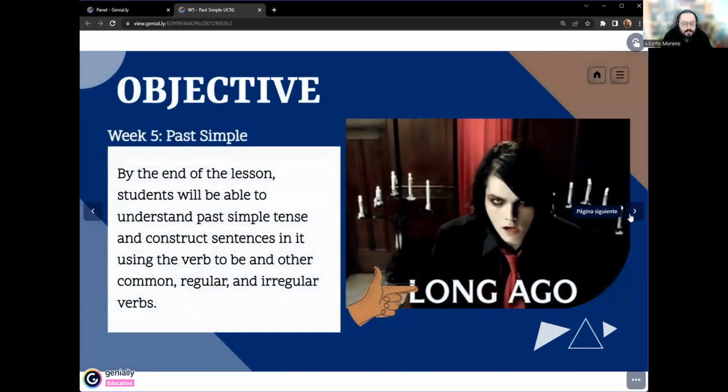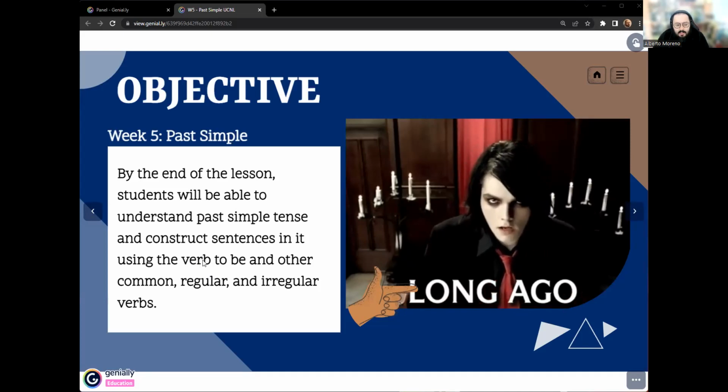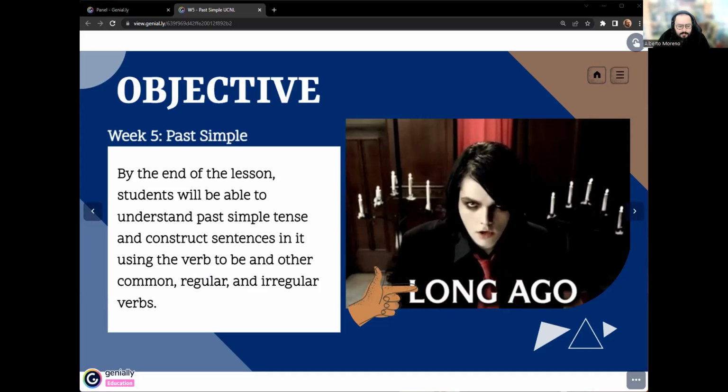So, the objective for this session, el objetivo para esta sesión es el de, dice, by the end of the lesson, students will be able to understand past simple tense and construct sentences in it using the verb to be and other common regular and irregular verbs.